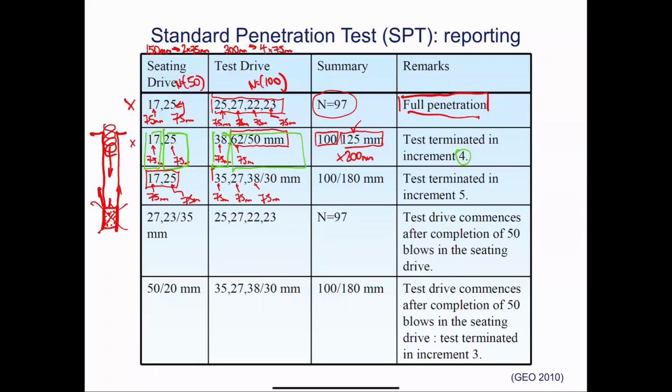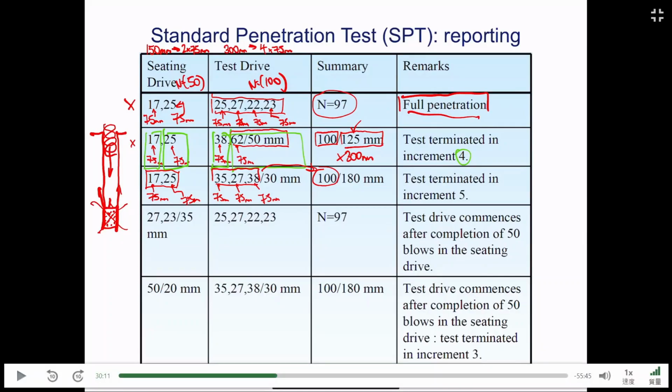Now, if you add this up, we would have reached our termination criteria. And where does the 180 come from? Well, the 180 comes from 75 times 2 plus 30. So we see here that the N value of our soil here would also be 100.